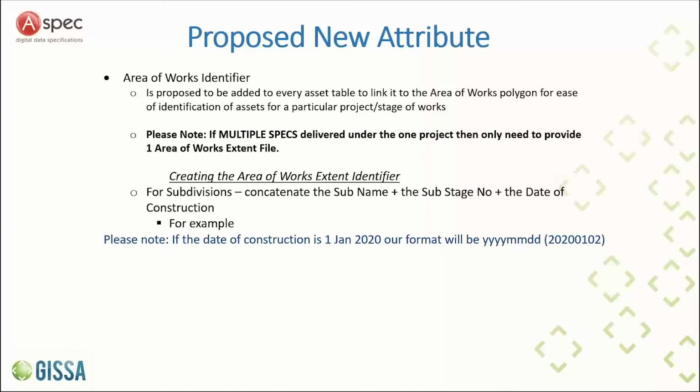That in itself will be a unique identifier. You will not get a duplication of that. And as you can see, the note about the date format is to make it easier to provide that date as part of the area of works identifier.